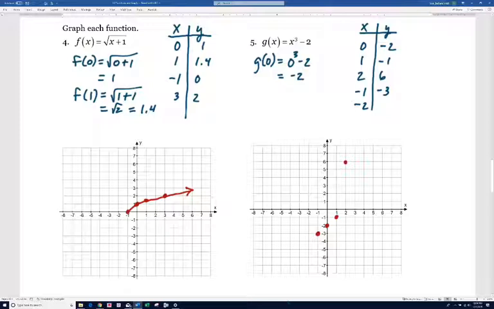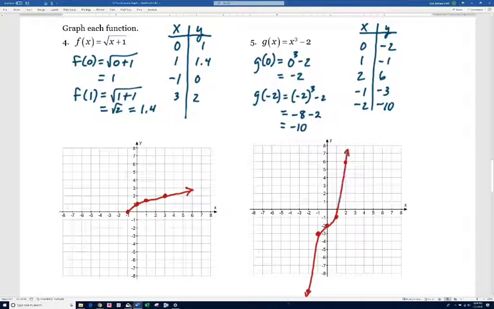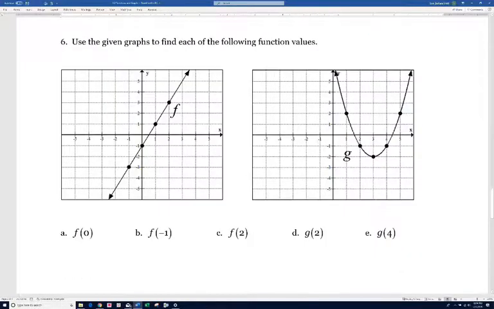And negative 8 minus 2 is going to be negative 10. And so we have the point negative 2, negative 10, which is a little bit off the grid. So our graph's going to look something like this. I actually called this one the John Travolta graph. Anyway, let's go ahead and move on to number 6.